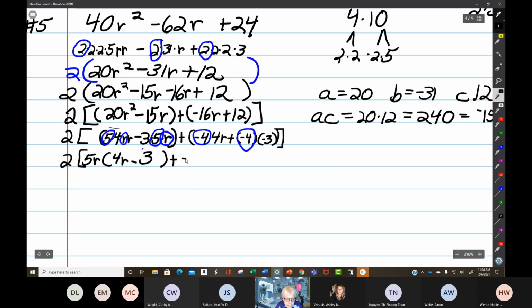Okay, I pull out negative 4 as my GCF. And then what's left is a 4R here, plus a negative 3. Plus times minus is minus 3. That's what I've got right now.